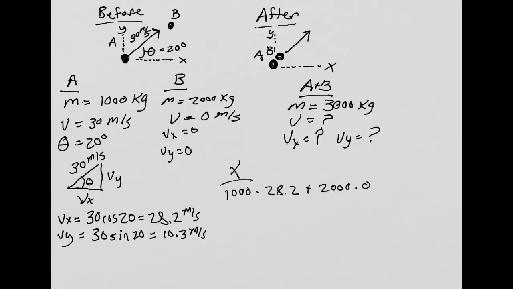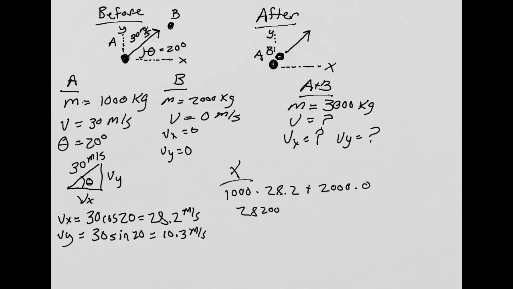So our total initial momentum is the sum of these two, which is 1,000 times 28.2, which is 28,200 is our initial momentum.